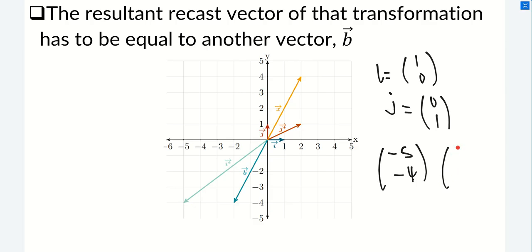The other one is 1, 2, which also lands here. Then our B, where we are mapping to, is -2, -4. Now we have done our plotting. The next thing is, how do we interpret this so that we can get our X1 and X2?